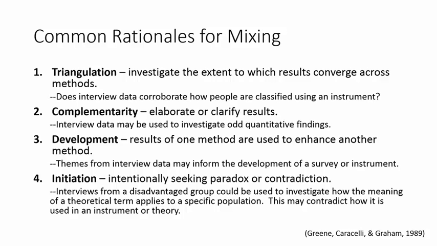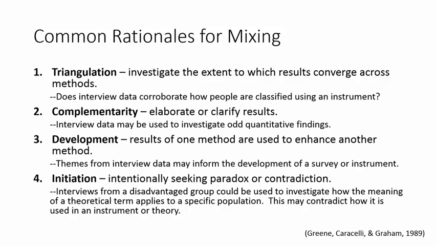Triangulation, the way it's usually referred to in the mixed methods literature, is that we're basically wanting to see how two things line up, right? So I want to see if qualitative and quantitative data are giving me the same picture. Maybe they're giving me a different picture about some phenomenon, right? So an example: does my interview data corroborate how people are classified using some kind of instrument?